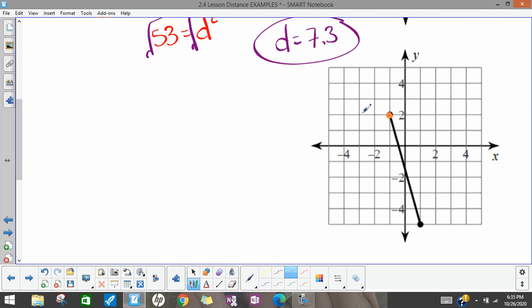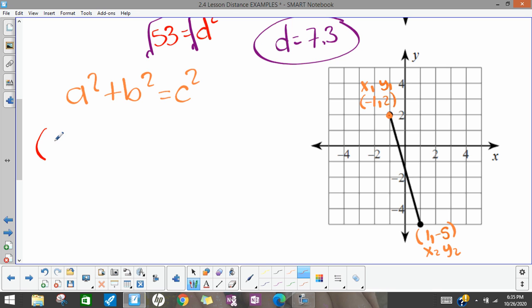Get my coordinates. -1, 2. Call that x1, y1. 1, -5, x2, y2. It's important to make sure that you're getting the correct coordinates. I'm using the Pythagorean theorem, so I'm writing it every time, and then I'll remember it.